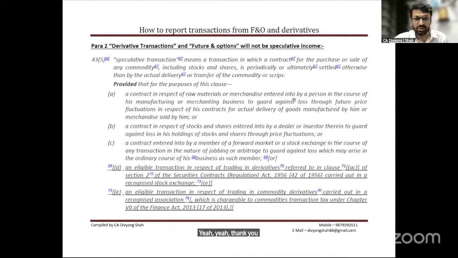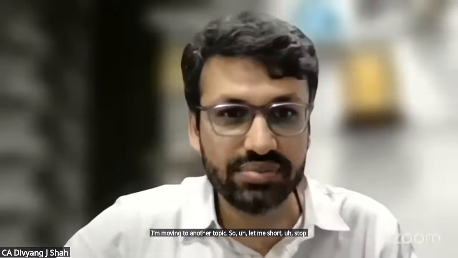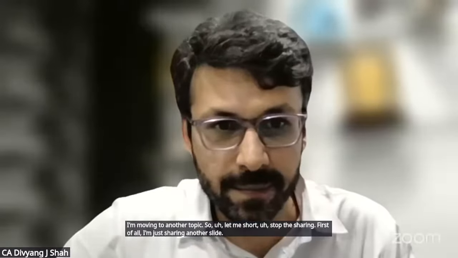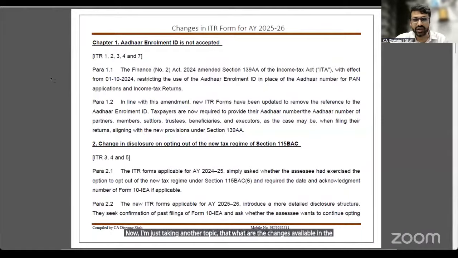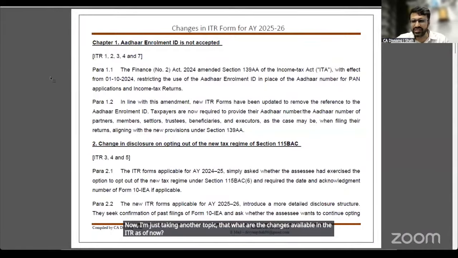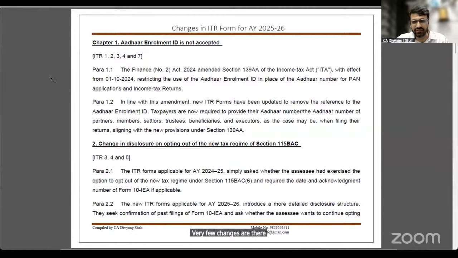Okay. So let me stop the sharing. First of all, I'm just sharing another slide. Now, I'm taking another topic: what are the changes available in the ITR as of now. Very few changes are there, and out of that, very few changes I have taken in the slides which are relevant.